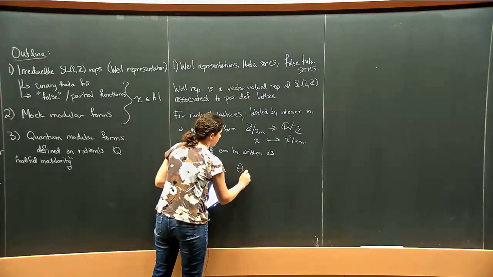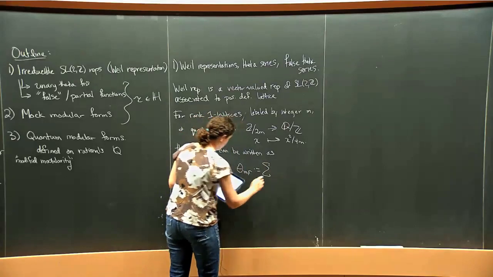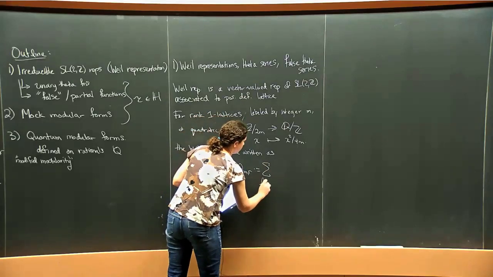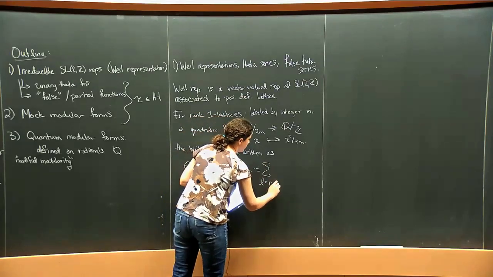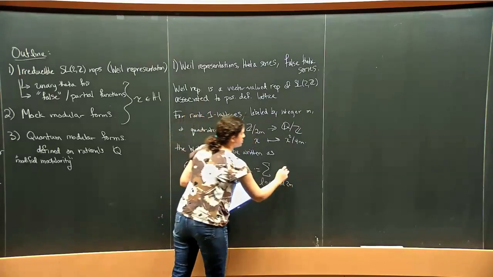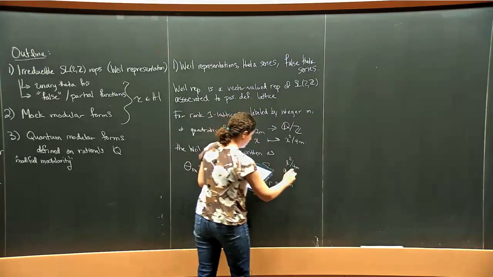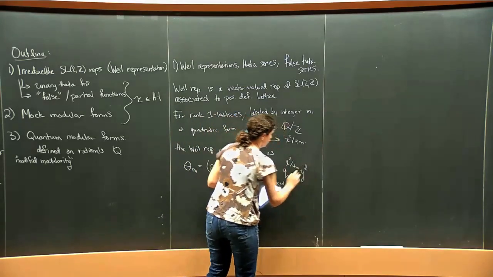The definition of theta m r is given by a sum over l equals r mod 2m of q to the l squared over 4m y to the l.